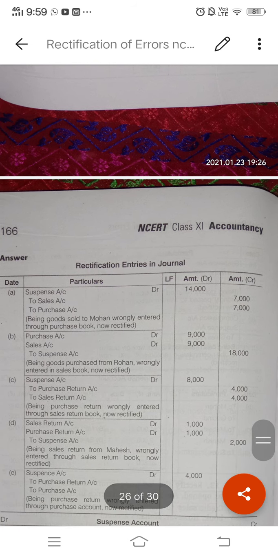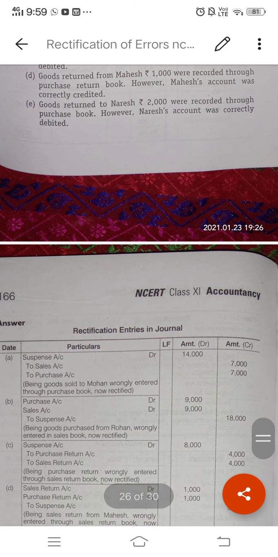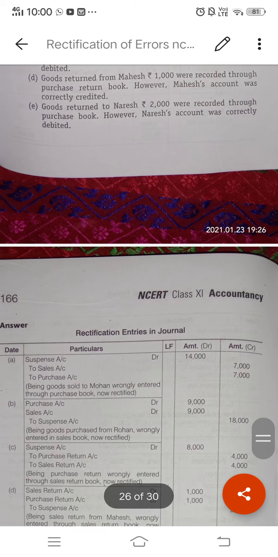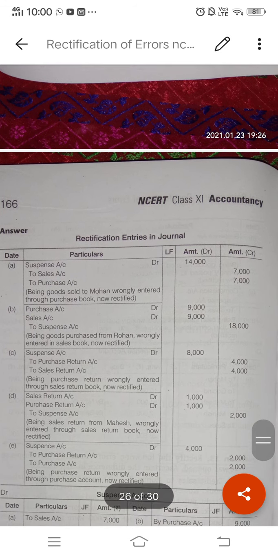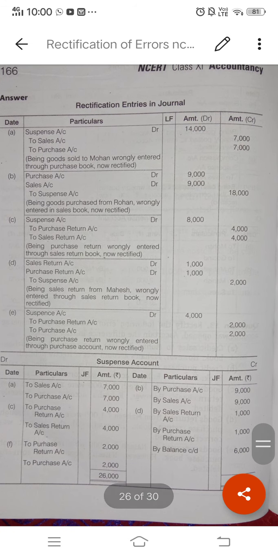And what is the correct credit? Purchase return is the correct credit. So now we have to make two credits: the correct credit to the purchase return account with 2,000, and to cancel the wrong debit, we credit the purchase account with 2,000. So totally 4,000 is to be transferred to the suspense account. So the entry is suspense account debit to purchase return account 2,000 and purchase account 2,000.